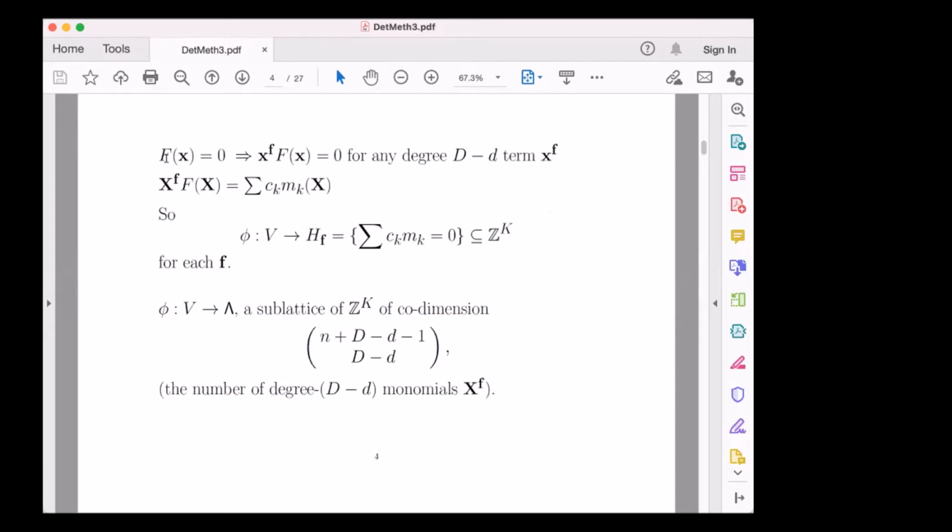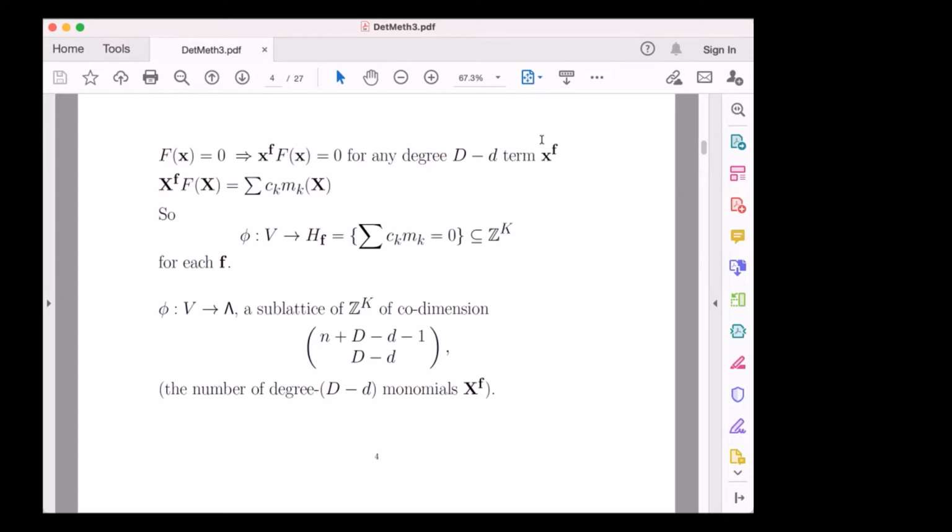Now, if we have a point where F is equal to 0, then it's also true that x to the f times F is equal to 0 whenever we have a monomial x to the f. And if we make it of degree capital D minus little d, then x to the f times F(x) will have degree capital D. So there are a large number of forms of degree capital D constructed this way that have little x as a zero.